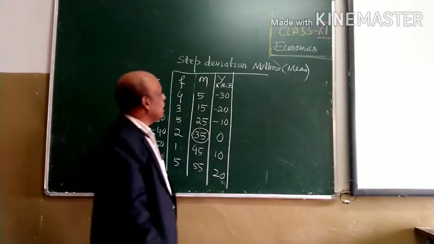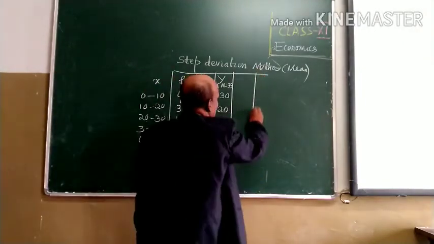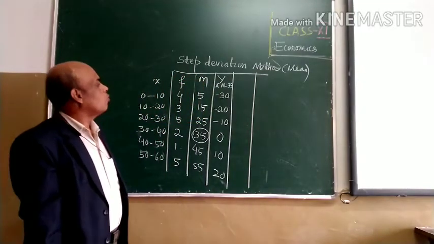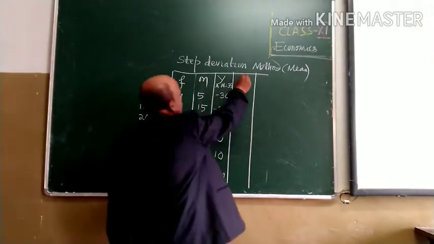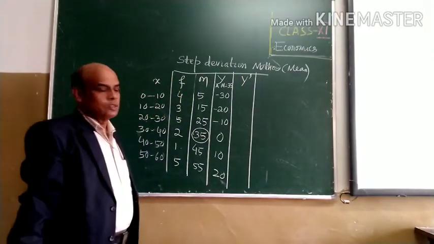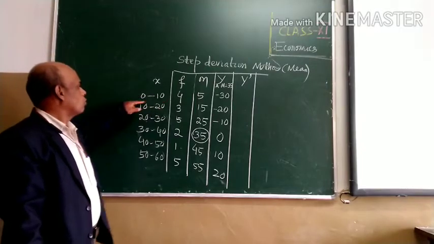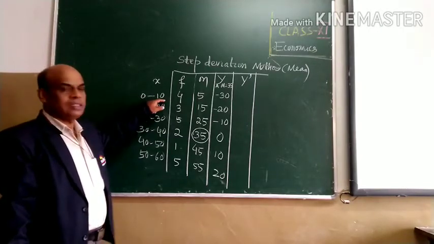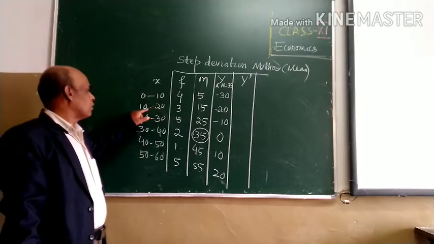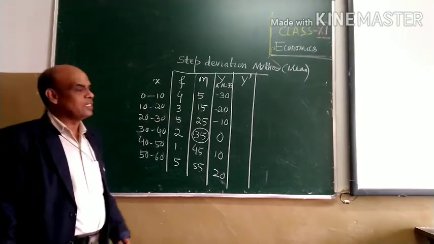Then the next column you have to construct is y dash. So see here, what is the class interval? The class interval is 10: 0 to 10, 10 difference; 10 to 20, 10 difference.